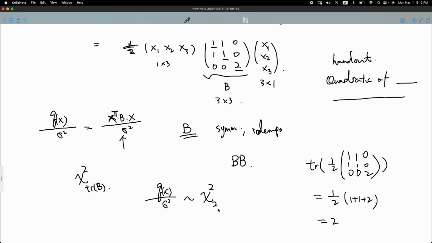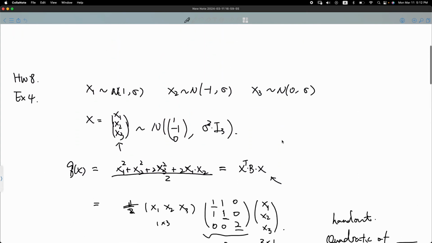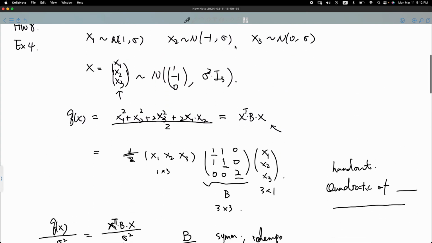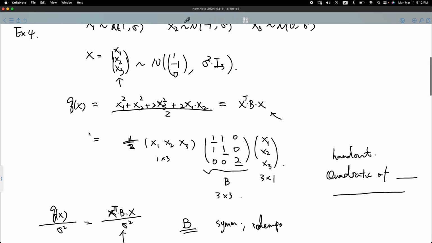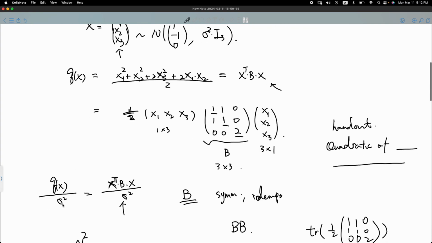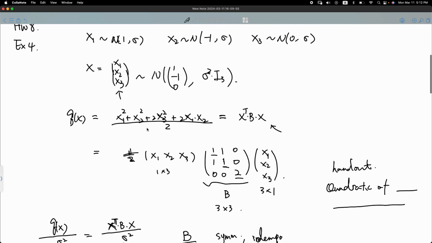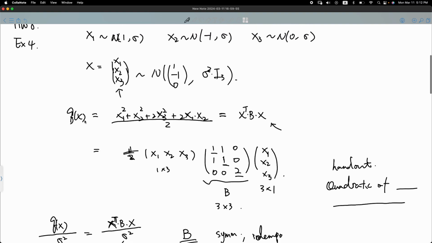Any question or comments? Yeah, so maybe let me just summarize. So the question is that we are given these three random variables, and then we are given a formulation of this Q. And we are interested in the distribution of Q of X over sigma squared. So what we did here is that, first of all, we re-express the function of Q as a scalar to a matrix vector multiplication.